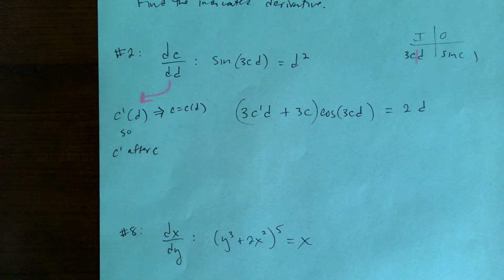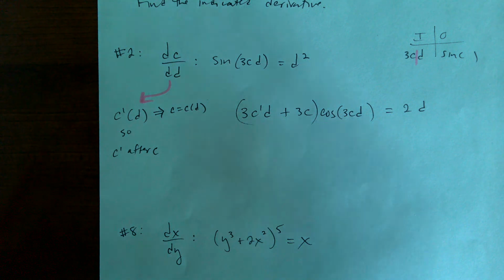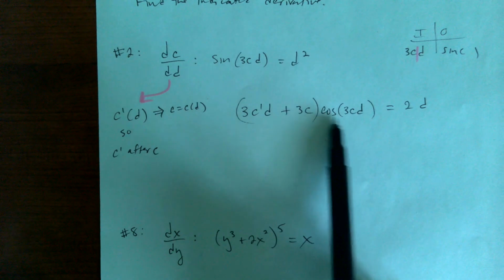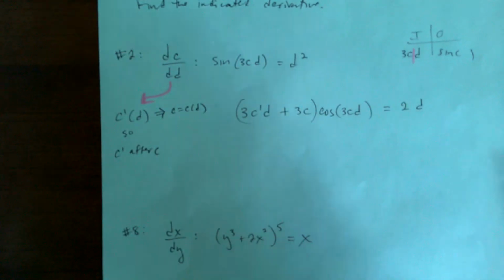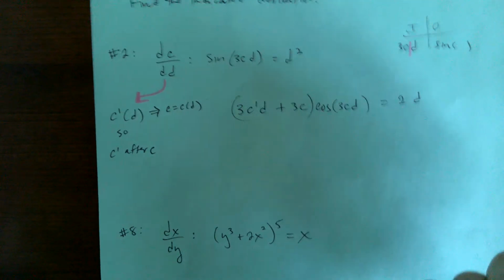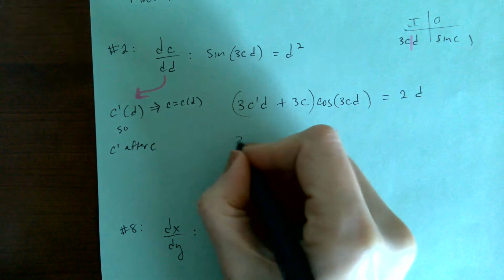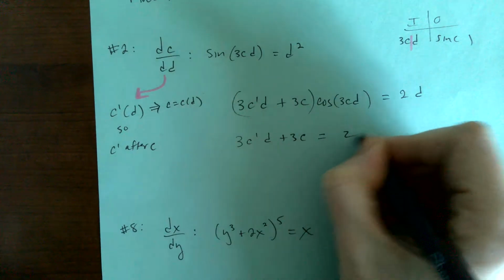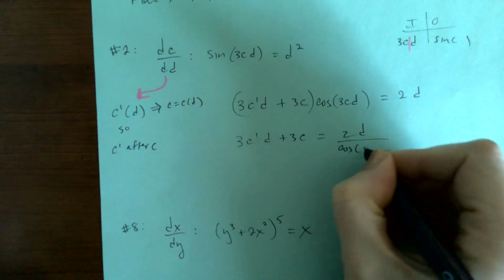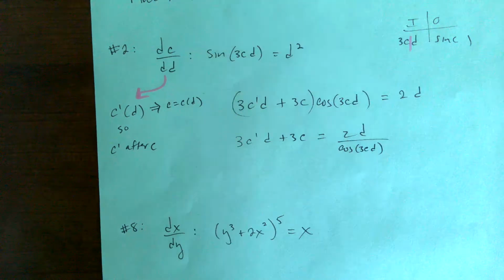Now I've got to solve for c prime. There are a couple of ways you could do this. You could distribute the cosine inside, but I'm just going to divide both sides by it first. So I get 3c prime d plus 3c equals 2d over cosine of 3cd.